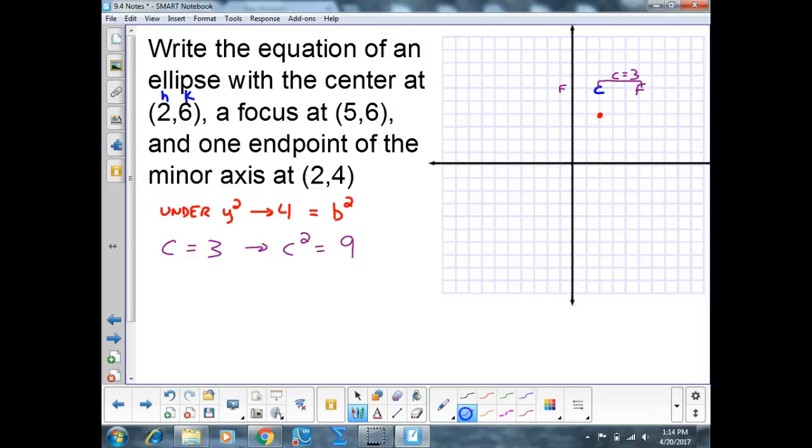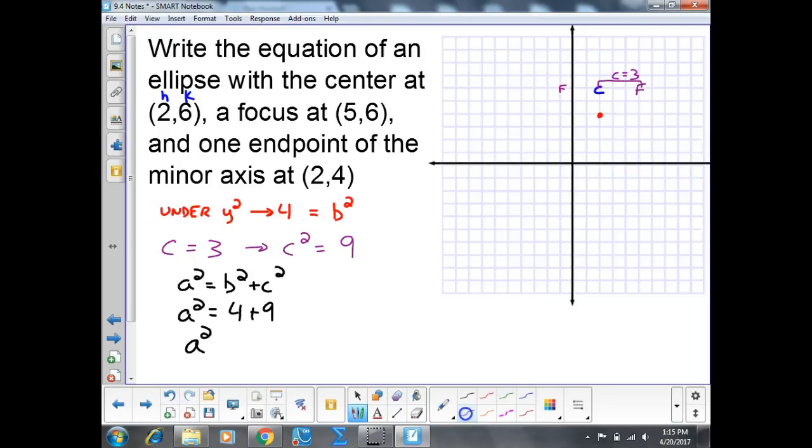How can we use those now? How? Yeah, how? 4 plus 9 equals A squared. A squared equals b squared plus c squared, right? So a squared here is 4 plus 9.